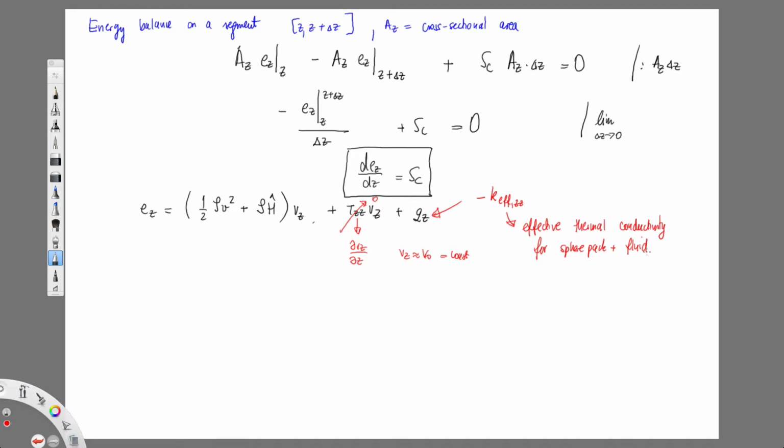And in the Z direction, that's the only flowing direction. In the other direction I have an insulated system, so the other direction doesn't concern me in this case because I don't have a temperature gradient across the sphere pack. And dT/dZ. All right, we're going to continue with the rest on Monday.